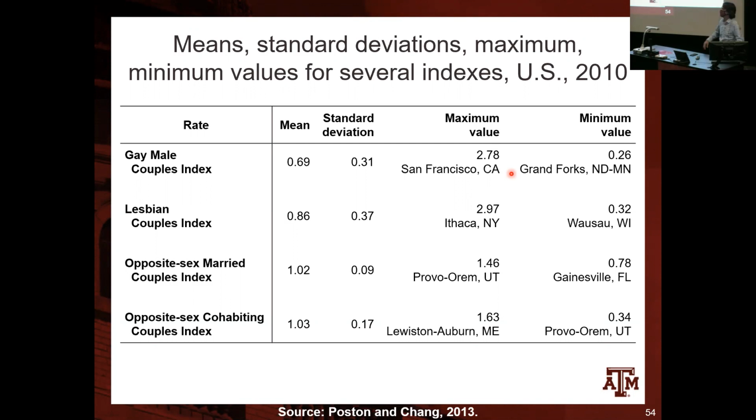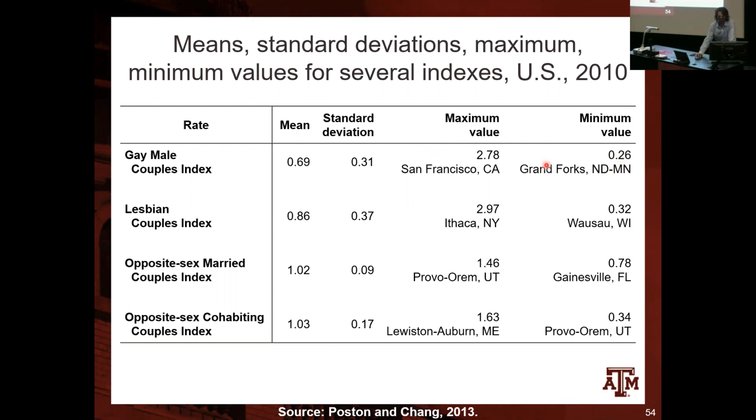It's the same thing as saying individual A makes 2 times more money than individual B. It's the same thing as saying individual A makes 100% more money than individual B, right? And what about Grand Forks, 0.26? 0.26 minus 1 is minus 0.74, times 100, minus 74%.